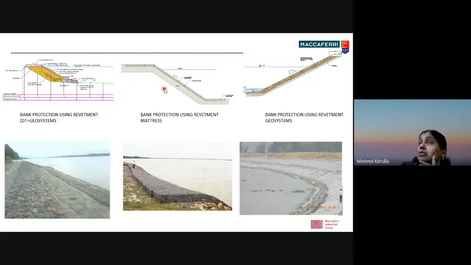What are the hydraulic forces which can act? One is the erosive force or the tractive shear force, the one which causes erosion of the soil in the river bank. Second is the impact force, and the third is the abrasive force.